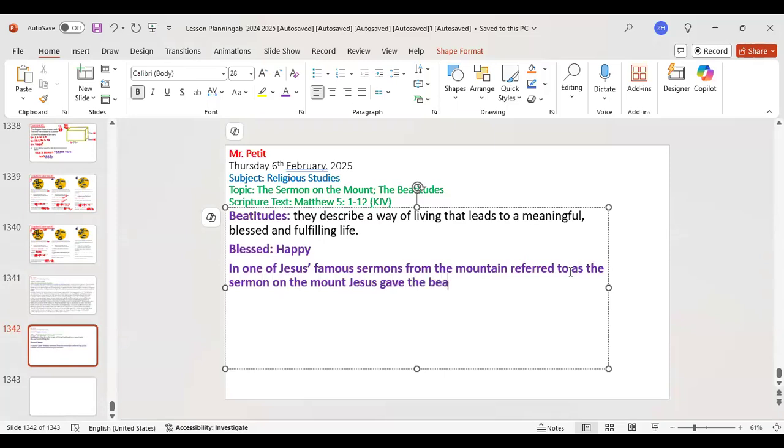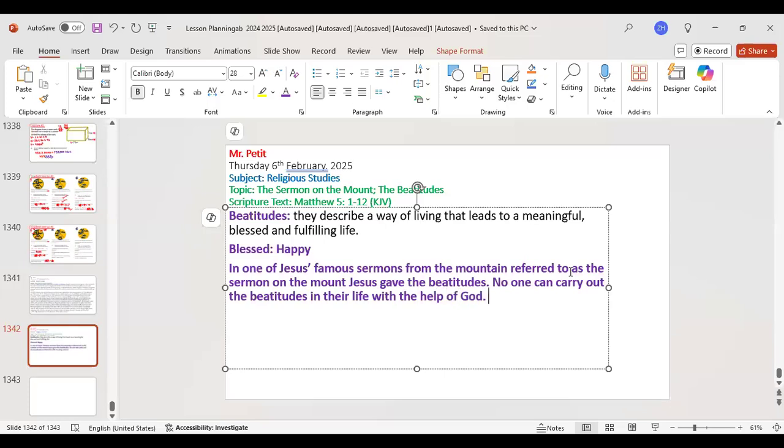Now, Jesus didn't say, oh, hey, these are the Beatitudes. No, we call them the Beatitudes, okay? Now, no one can carry out the Beatitudes in their life without the help of who?